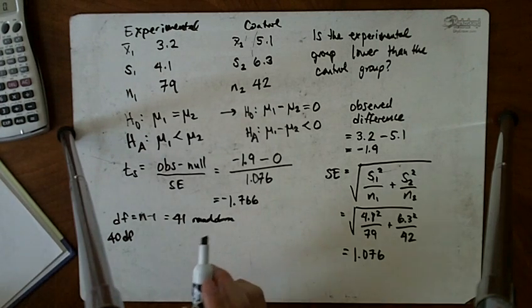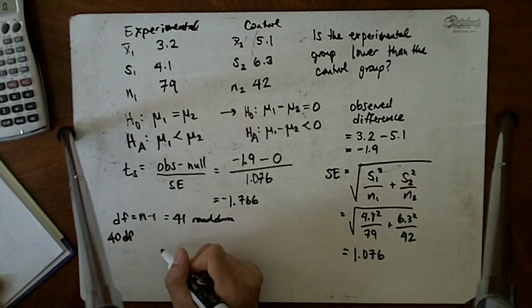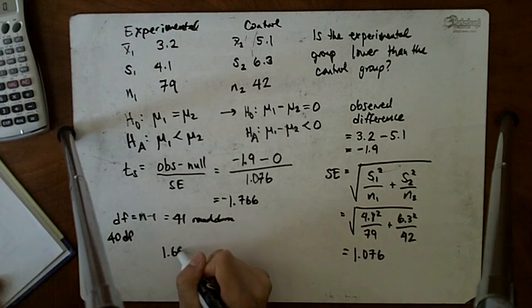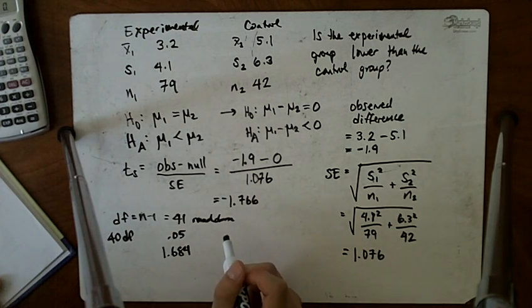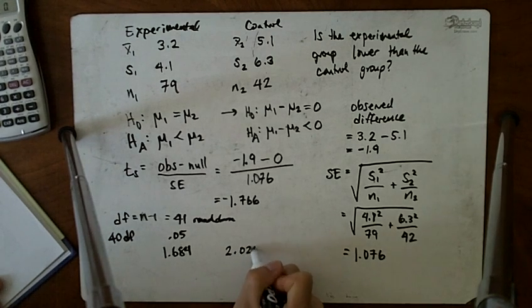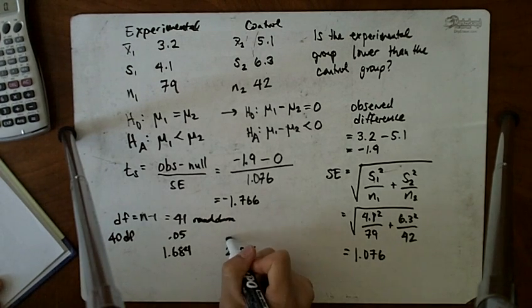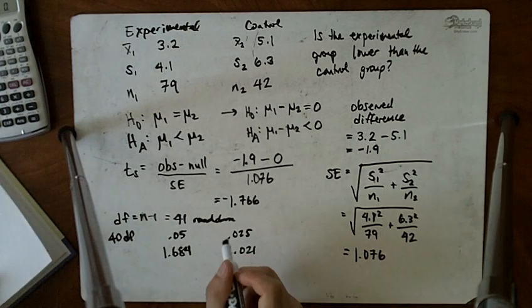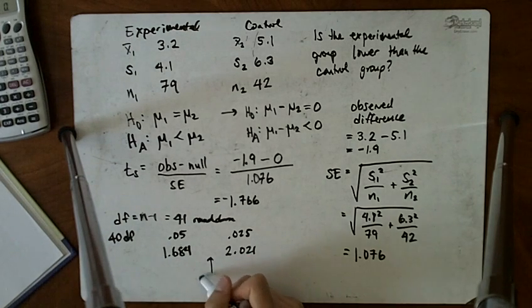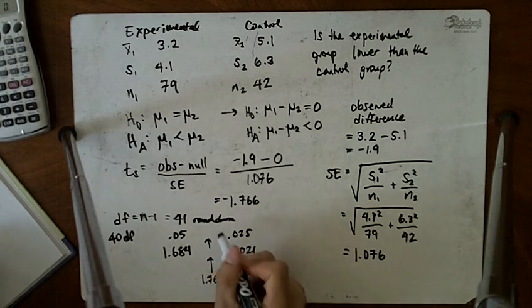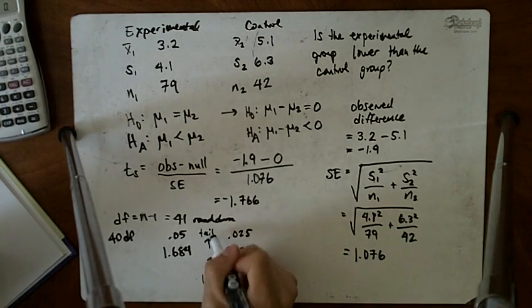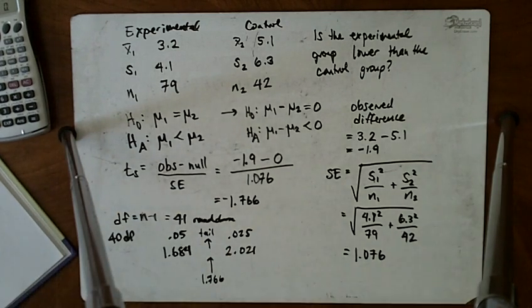At 40 degrees of freedom, the numbers that I see are 1.684, and that corresponds to a tail probability of 0.05. And then I see 2.021, and that corresponds to a tail probability of 0.025. And so I see that 1.766 fits between these two numbers, which means my tail probability will be in between those two numbers.